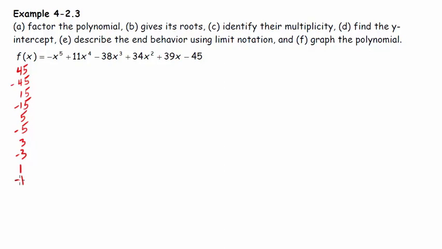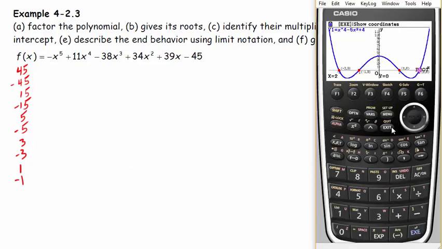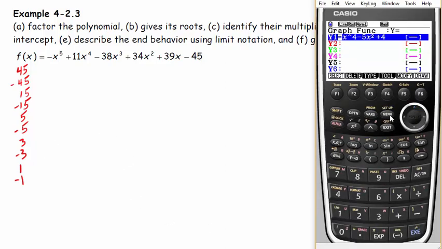Alright, so there's quite a few there. So as we've done in the past, we're going to use the technology to make sure we can pick good roots here. So -x to the 5th plus 11x to the 4th minus 38x to the 3rd plus 39x minus 45.